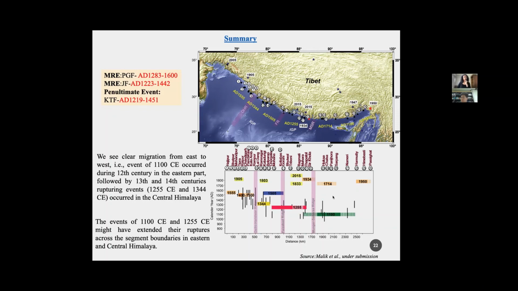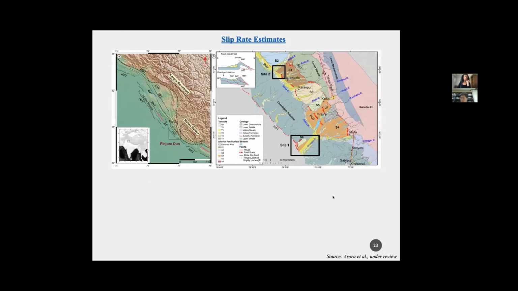Then we went ahead and thought to date some of the terraces to know the slip rate of this part of the Himalaya, because this part is very crucial, as this area is west of the identified segment boundary. Till now, we have some slip rate data from trenches, but then we thought to date fluvial terraces and determine the slip rate and maybe possible slip deficit.